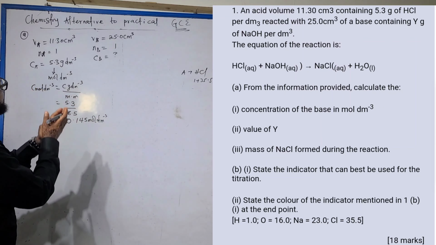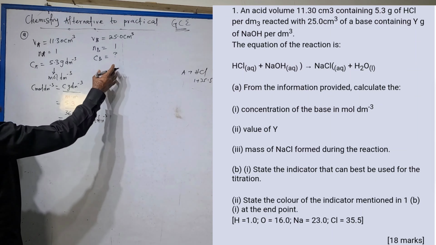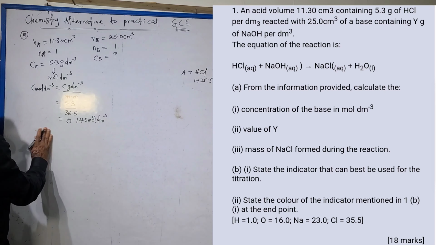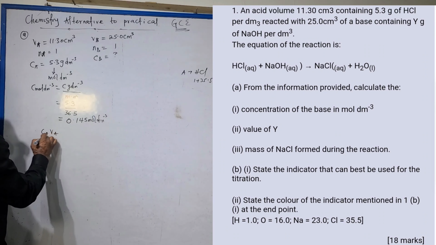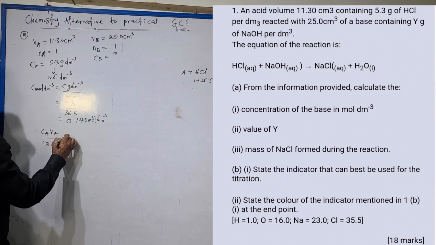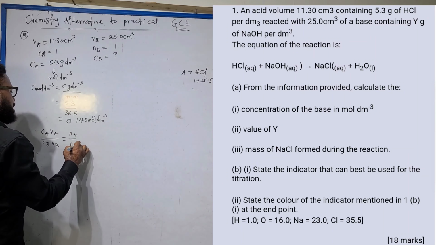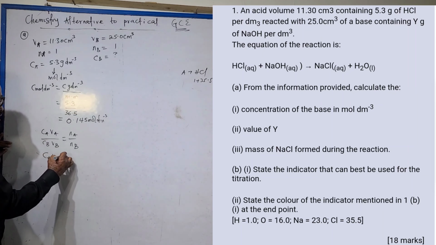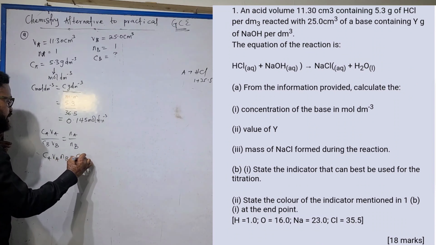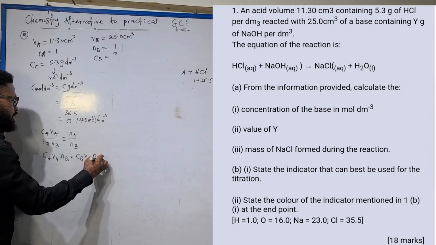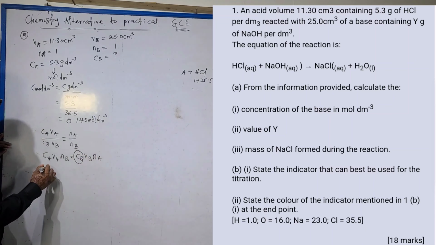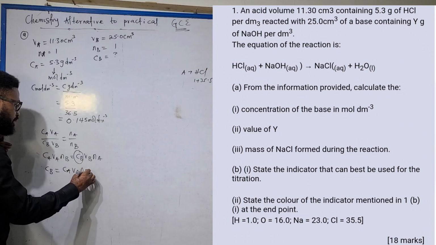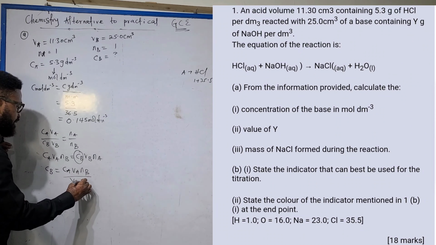So having this, I can then deal with my base. You recall the formula is CaVa over CbVb equals Na over Nb. What that means is CaVaNb equals CbVbNa. Then my VbNa will come here. So my Cb equals CaVaNb divided by VbNa.